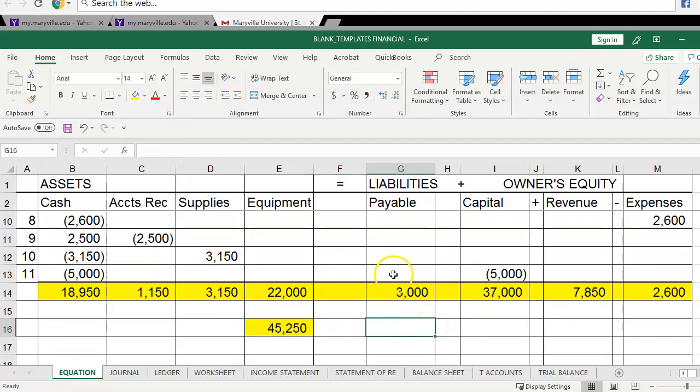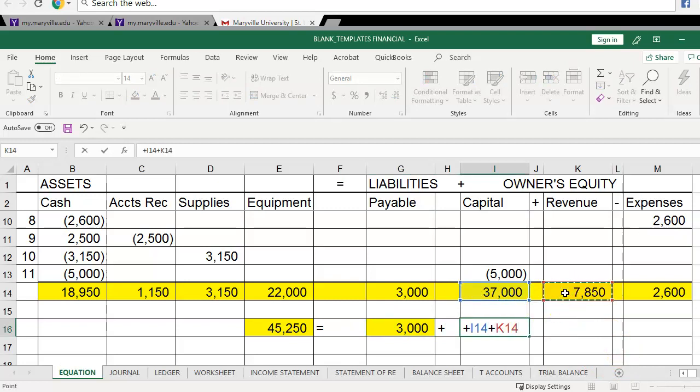$45,250. For our liabilities, we only have one account, accounts payable. It equals $3,000. For our equity, we're going to add capital plus revenue, but minus our expenses. So we have total equity of $42,250.